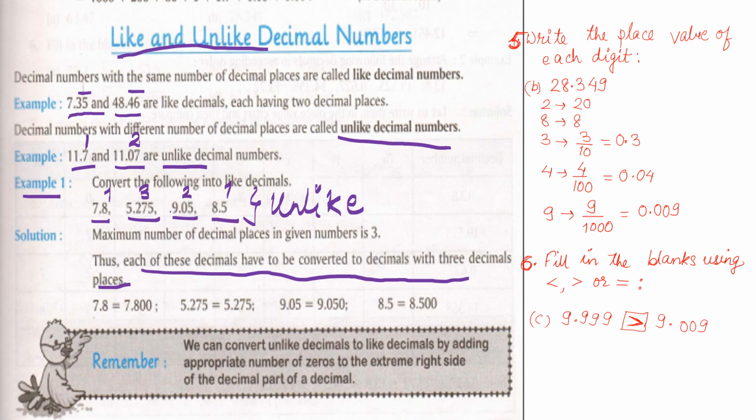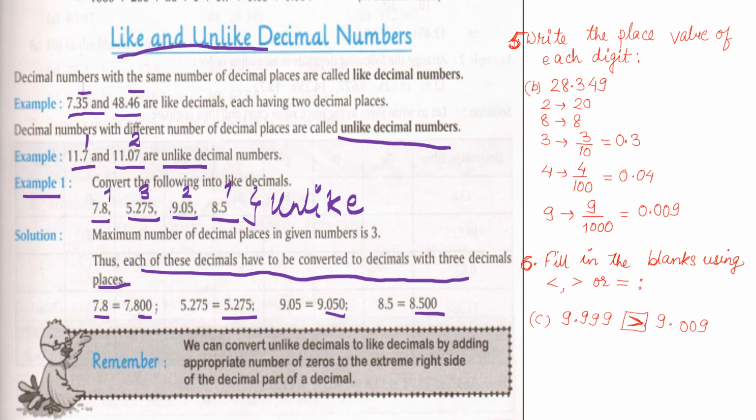We will add as many zeros to make it 3 digits after decimal. 7.8 has one digit after decimal. I placed two zeros here. It became 7.800. Same way 5.275 no change because it has three digits after decimal. 9.05 will become 9.050. 8.5 will become 8.500.